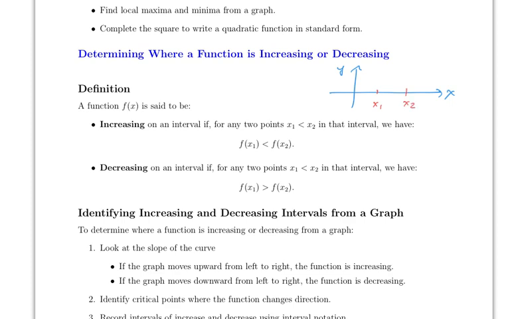And remember, this is y1, this is y2. So let's say that f of x1 is here, and f of x2 is there, which means y1 is less than y2. So clearly, from here to here, the graph is increasing. That's all it means. Okay?